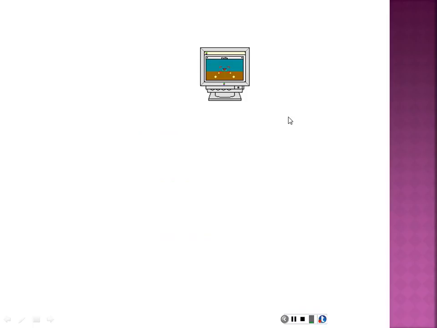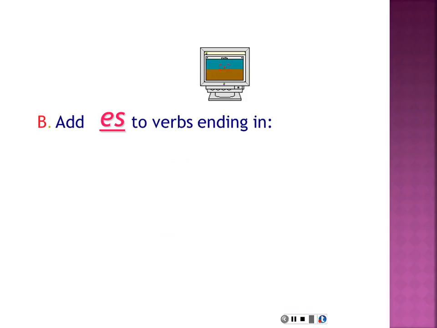Now in this slide I will tell you when to add es to verbs. Sometimes we add s, sometimes we add es. So when do we add es to the verbs?